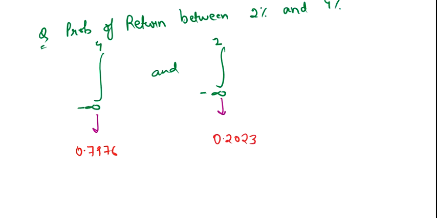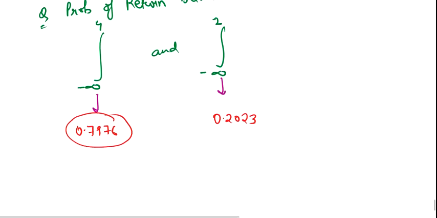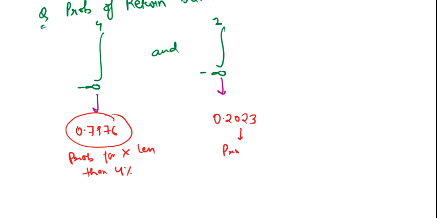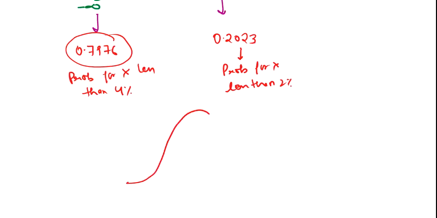So here I have written the values: probability for x less than 4%, and this one is probability for x less than 2%. Clear? So let me draw the graph to make you understand.